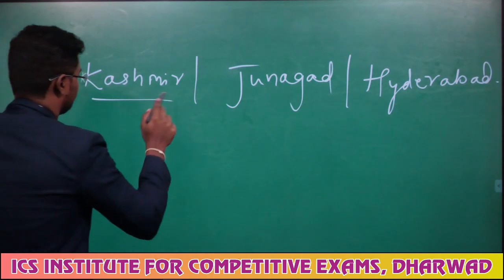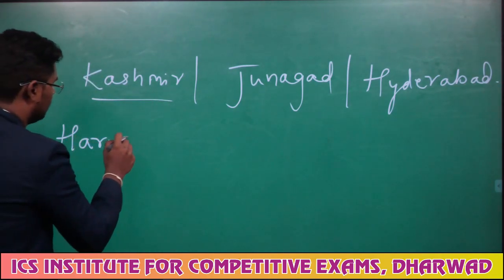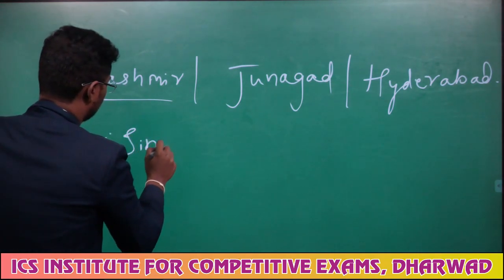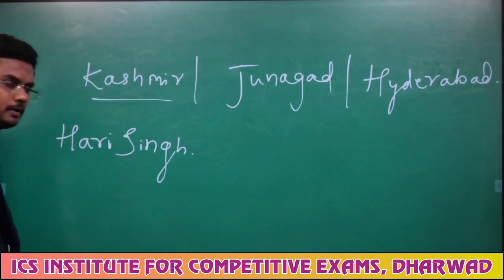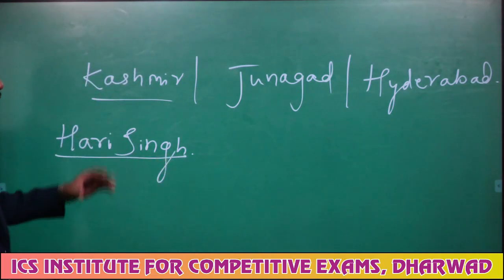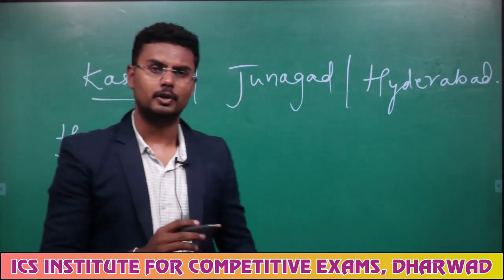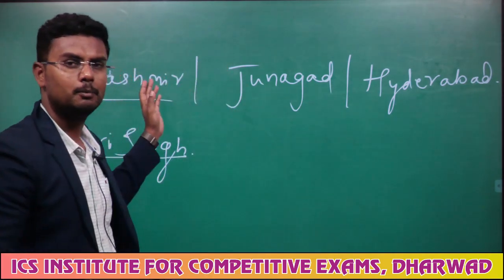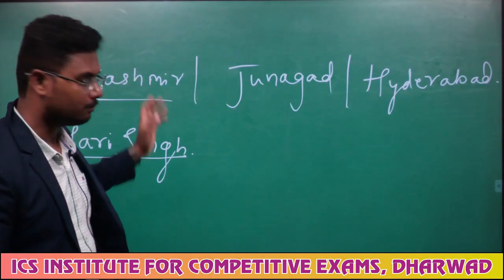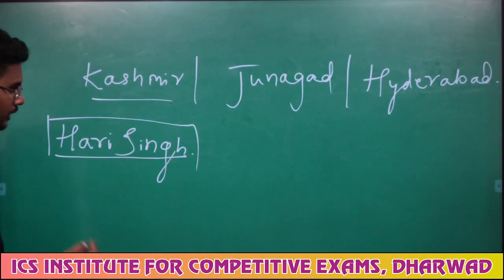First of all, Kashmir. Kashmir was ruled by a Hindu king named Raja Hari Singh. So he was a Hindu ruler ruling a Muslim majority state. In Kashmir, many Muslims were living in majority, but the king was Raja Hari Singh. He was very loyal.